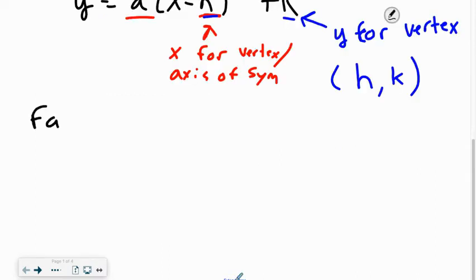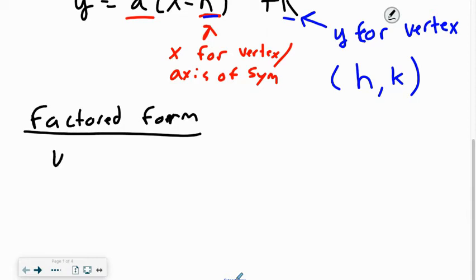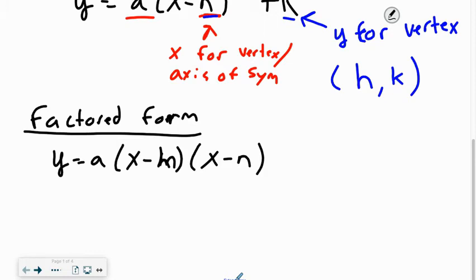Factored form. Y equals a times (x minus m) times (x minus n).